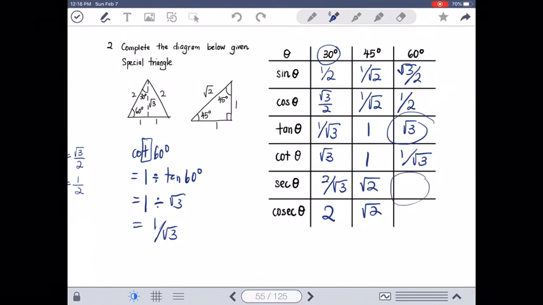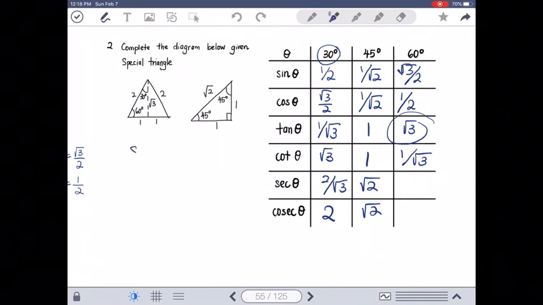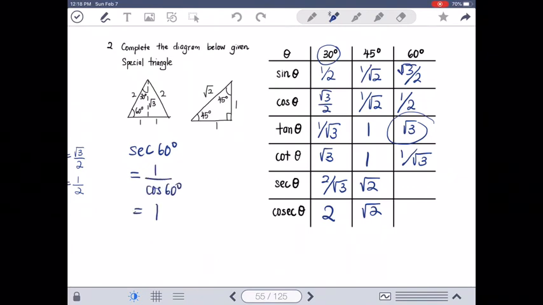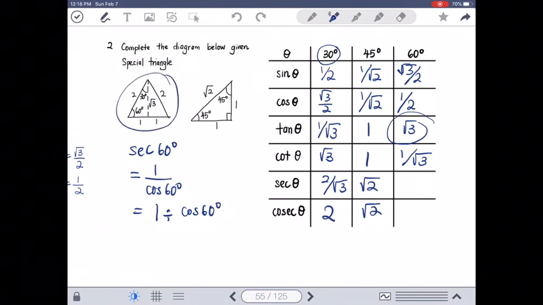Okay, and next one, sec 60 degrees. Sec 60 degrees equals 1 over cos 60 degrees, and we can see that cos 60 degrees is 1 over 2, or you can look at the triangle there.